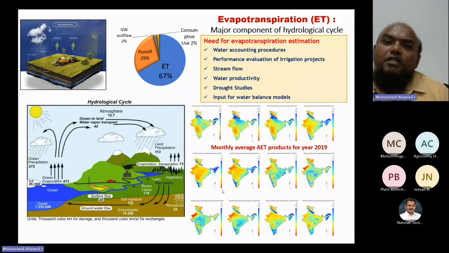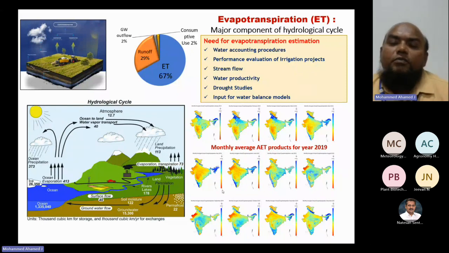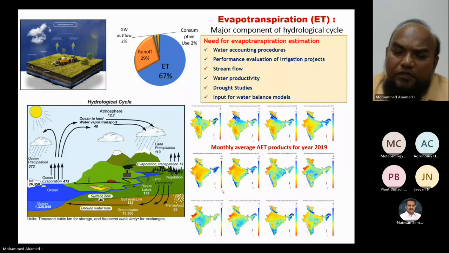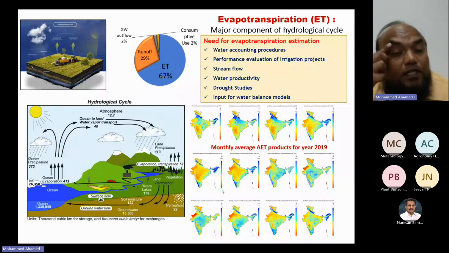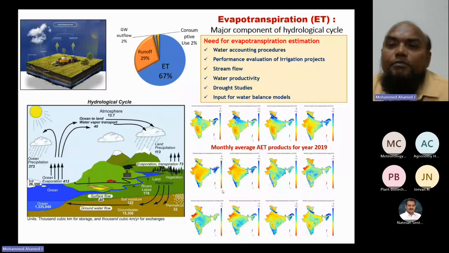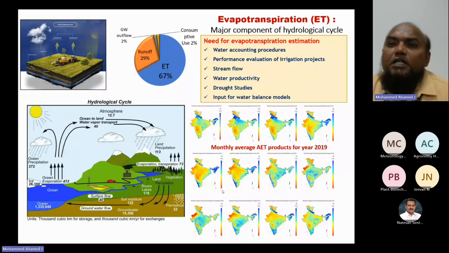So there are various energy balance based models, wherein we integrate the information of both remote sensing optical data and thermal data, and we can develop the estimates. There are various models as such, like the surface energy balance equation, ALEXI, DisALEXI, METRIC, SEBAL, then the Priestley-Taylor method.